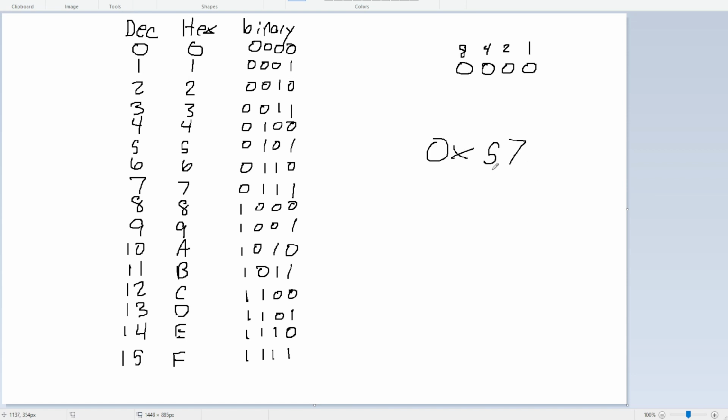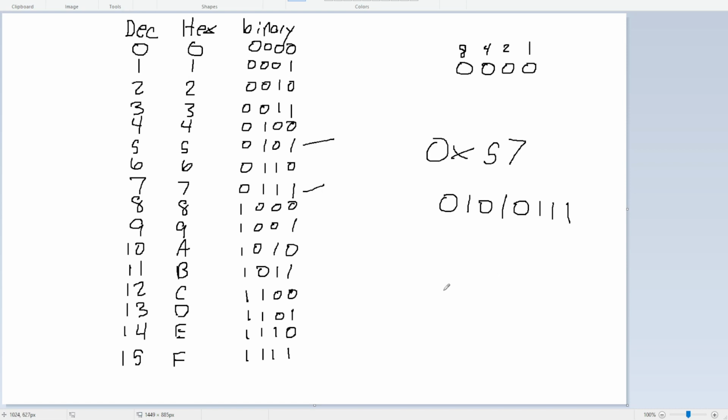So if I needed to convert 57 from hex into binary, there's the 5 value right there. That's 0101. And the 7 value right here is 0111. So that allows me to convert from hex to binary.